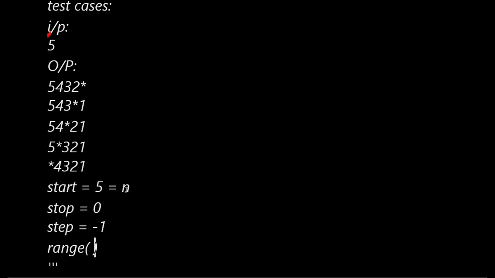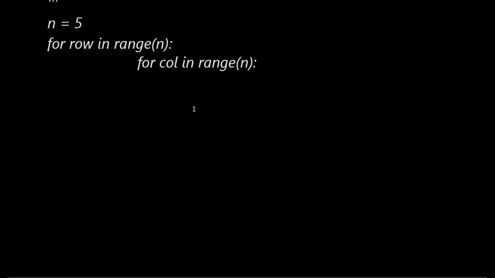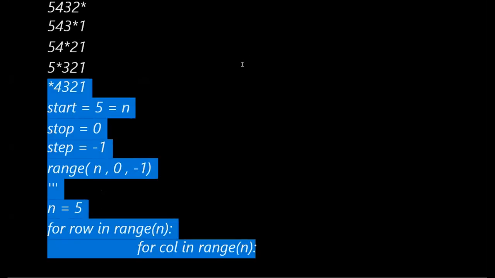So n will be provided here, and then stop. Where do we stop? At 0, I need to stop. What is the step? -1. So this will generate the sequence. So let us copy this and write the same thing in the inner for loop to generate that sequence.